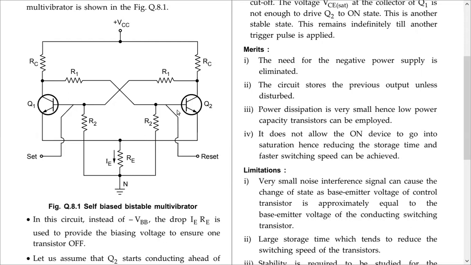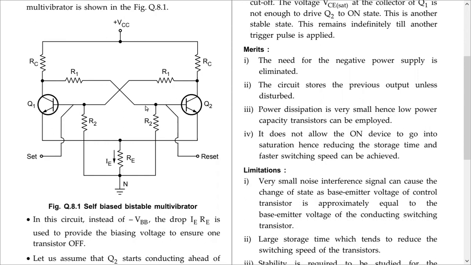Let us consider when Q2 is on and Q1 is off. The signal which comes here cannot flow through Q1 because Q1 is off, so it comes in this path and a voltage appears here.